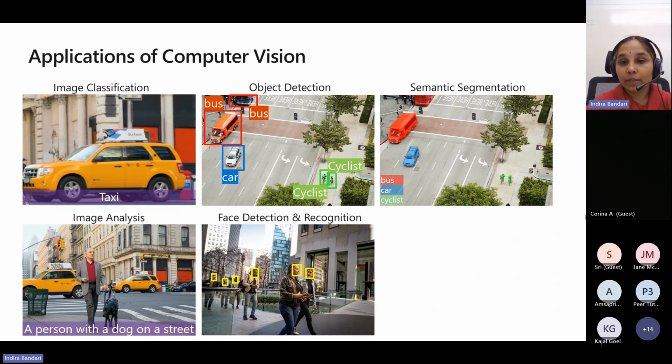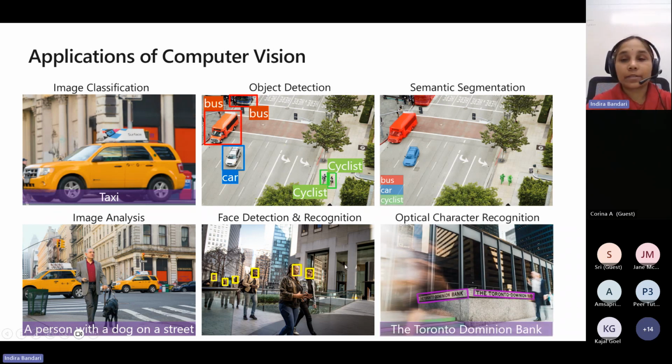And next one is optical character recognition. Can anyone guess what optical character recognition is from this one? What is this and how did it get this? Characters on the image. Yes.